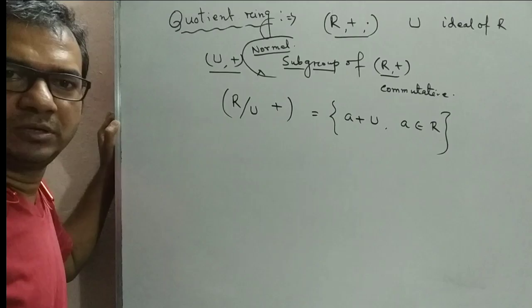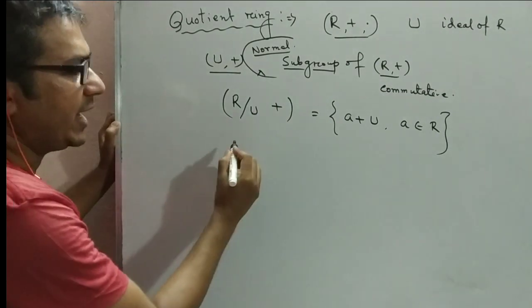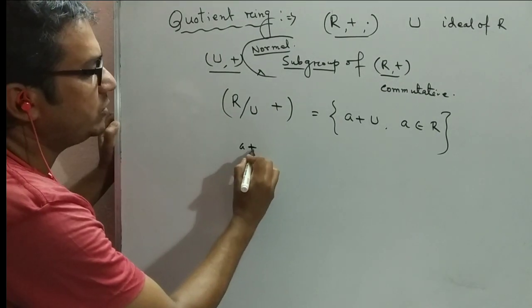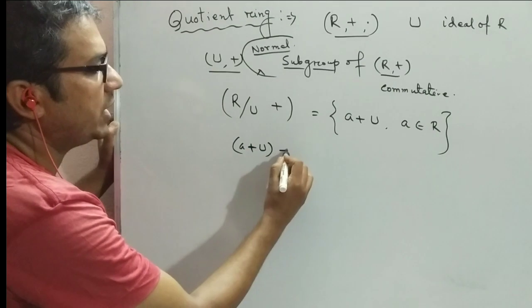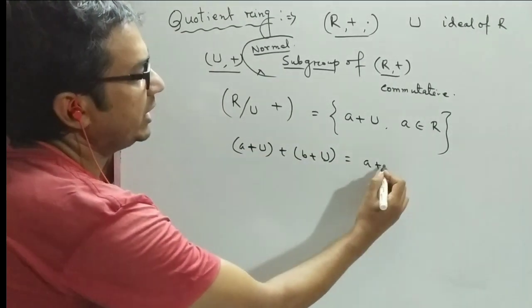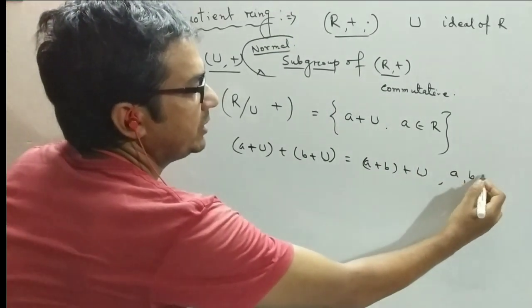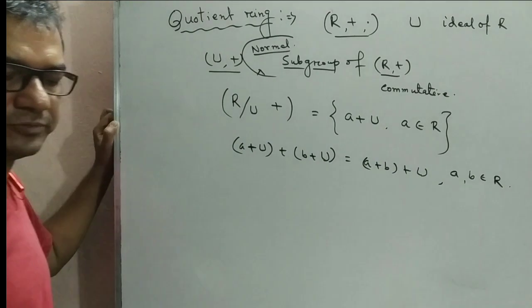And the addition defined on this set is A plus U plus B plus U equal to A plus B plus U, where A, B belongs to R, right?